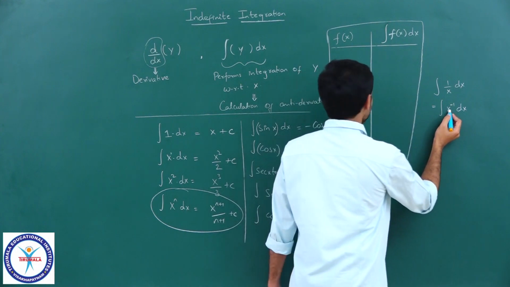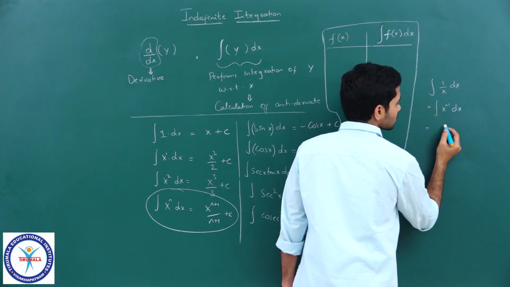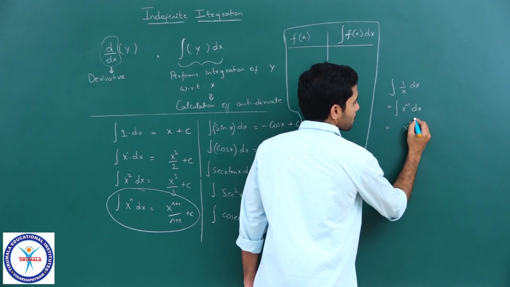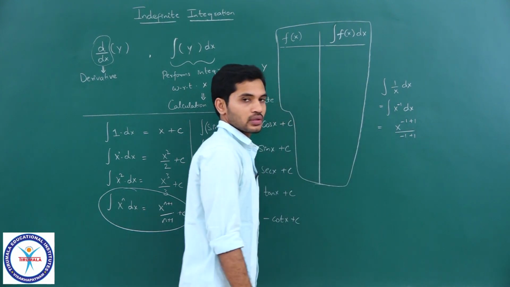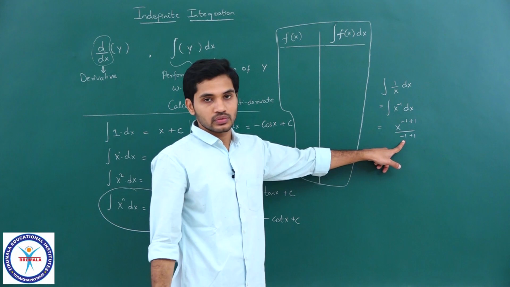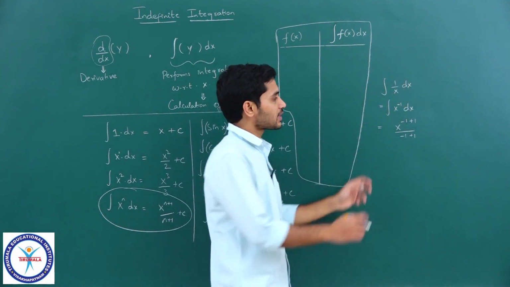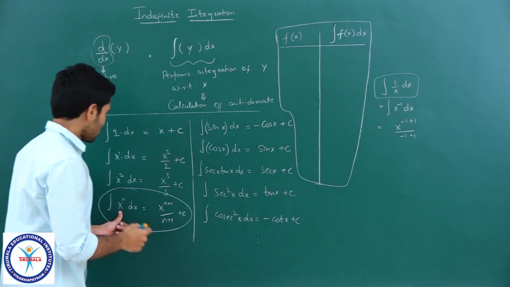Now, if I use this formula, x power n plus 1 by n plus 1, see what I will be getting. This is equal to x power minus 1 plus 1 by minus 1 plus 1. So, in the denominator I am getting 0, right, which is undefined. So, for this particular scenario I should not be using the power rule, x power n.